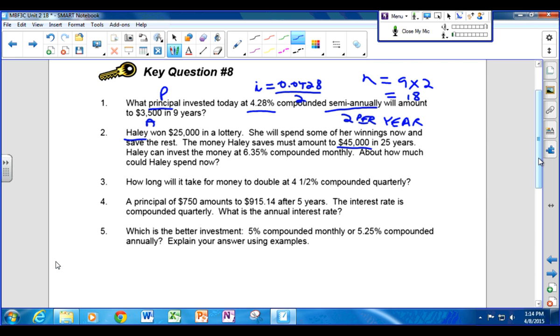What we're looking at then is, we need the amount to be 45,000, right?